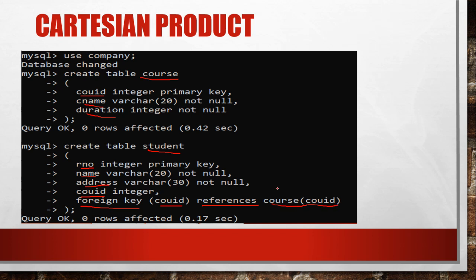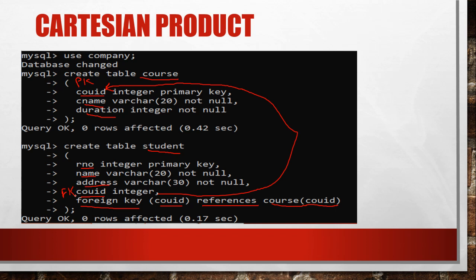By this statement, this course ID field of the student table gets connected with the course ID field of the course table. Okay, so here this course ID is basically the primary key, right? But when it is connected, this course ID becomes the foreign key. Okay, I have told you about this concept in the earlier videos also.